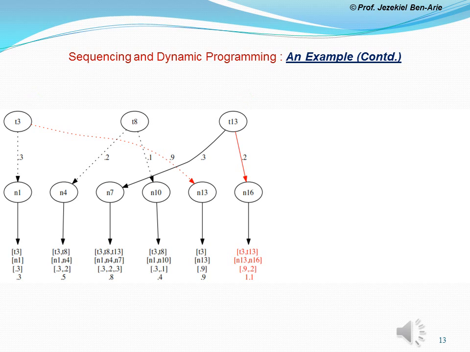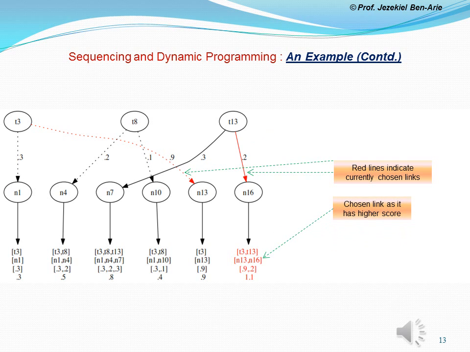So, by maintaining our sequencing principle, we have to choose the link with 0.2 similarity measure, even though it is lower than the similarity measure of 0.3. The total score now is 1.1, which is nothing but the direct sum of 0.9 and 0.2.